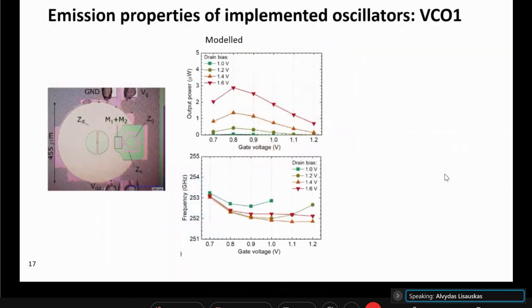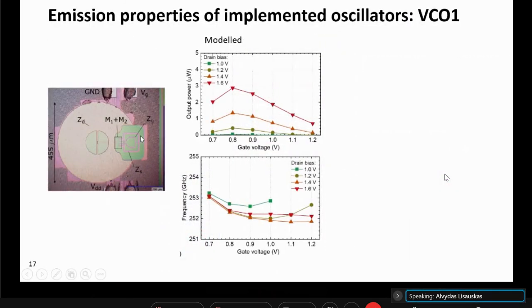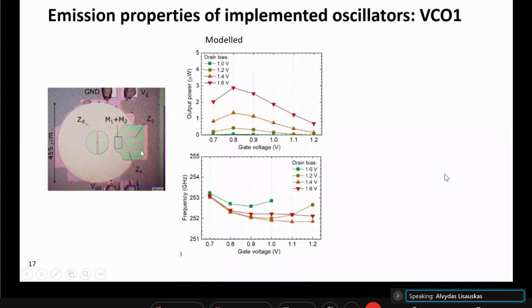Now let's go slowly to the first point. That's the very first design I did. At this time, I just was not very sure how well I should do antennas. And there is a long path from the oscillator to the emitting part. So there is this long transmission line from one center to another, and it's lossy.